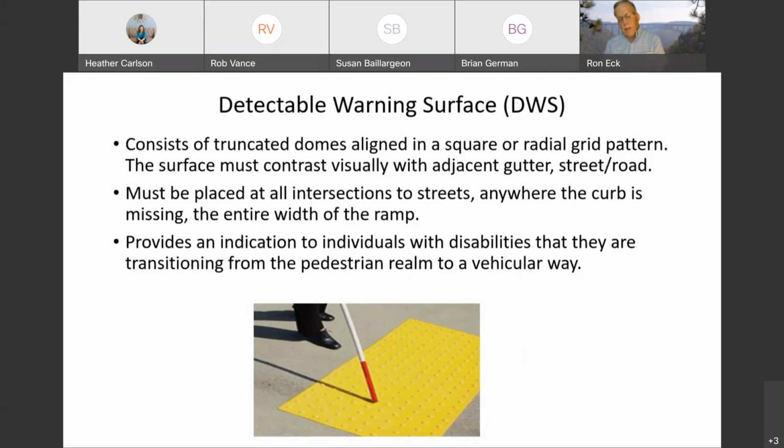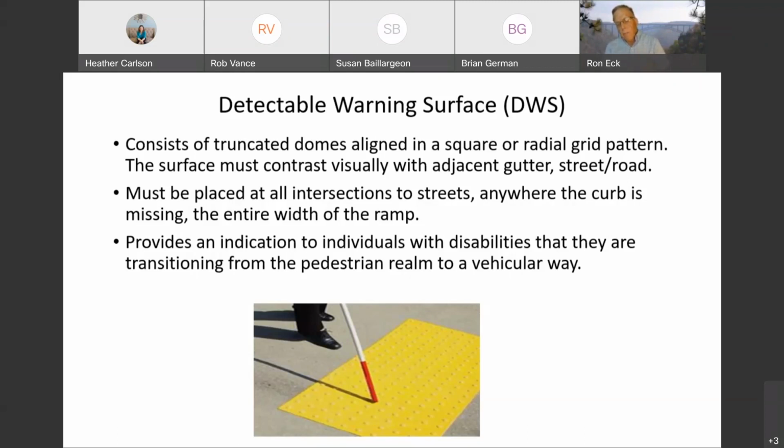I mentioned a few minutes ago that low vision pedestrians do not use a cane. So this surface was also designed to be detectable underfoot, meaning when a person's shoe or footwear steps down on that surface, they're able to detect it. And it is a warning mechanism. It has nothing to do with wayfinding or directionality. It's strictly a warning mechanism.